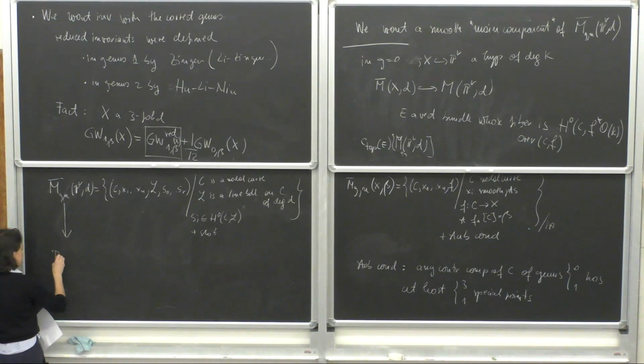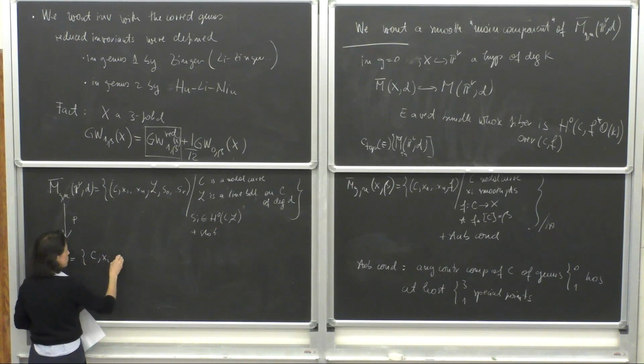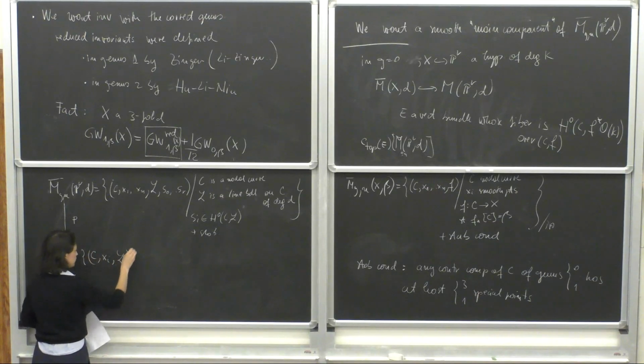And then I have a map to a moduli space, which is just parameterizing curves with points and the line bundle.